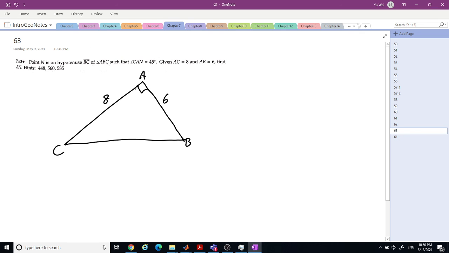So the angle CAN is 45 degrees, and this is 45 degrees. So AN is the angle bisector, right? If AN is the angle bisector, then CN over NB is equal to 8/6, which is equal to 4/3. That also means this right triangle is 6, 8, 10, right?